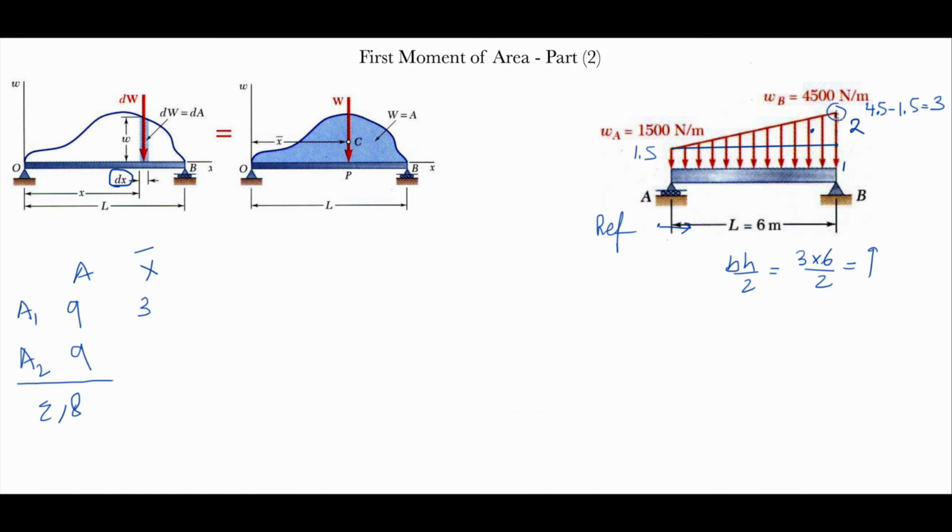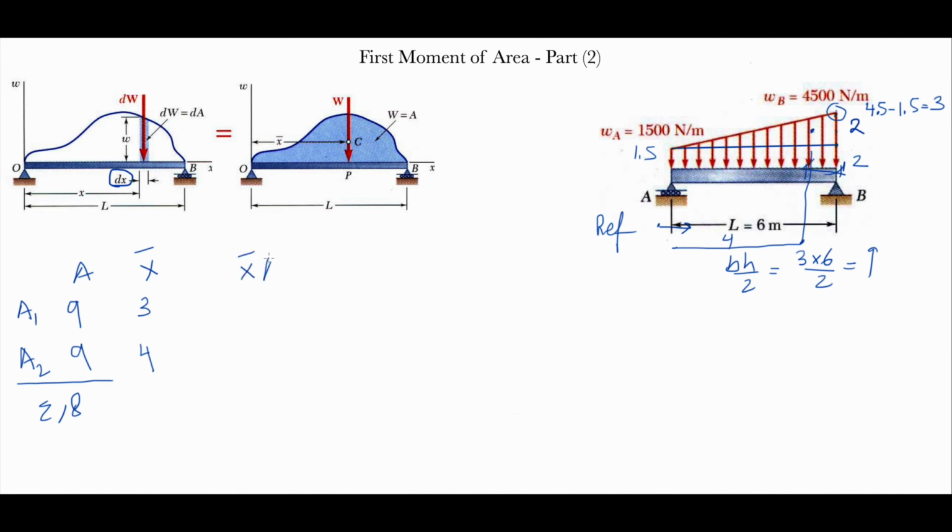H is this one, which is 6. 6 over 3 is 2. Now, but we have to refer it to the reference, right? So it's 2 from here, but it's 4 from the reference, because 6 minus 2, guys. So it's somewhere here, right? Which is 4. So this will be 4, because you have to take everything from the reference. This is why I'm taking it 4, not 2.